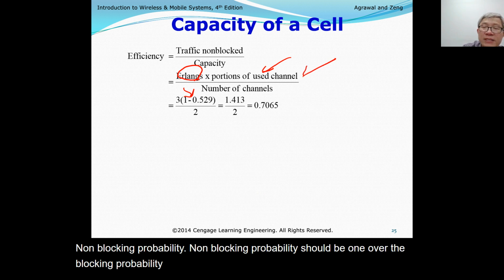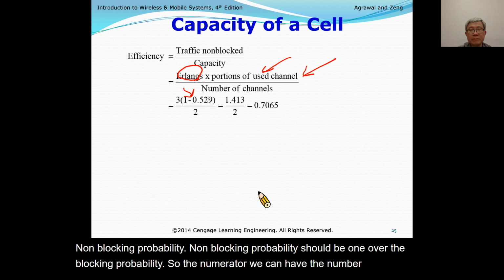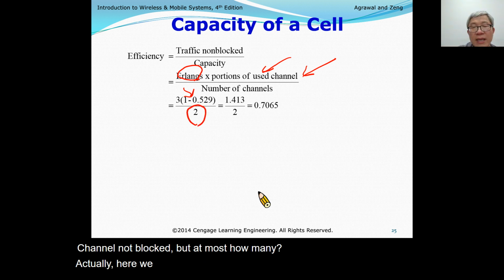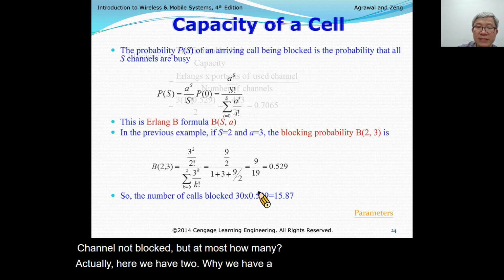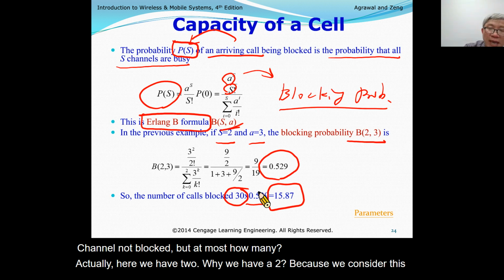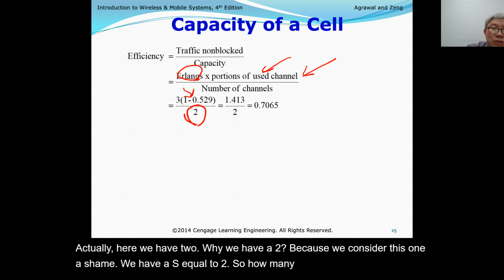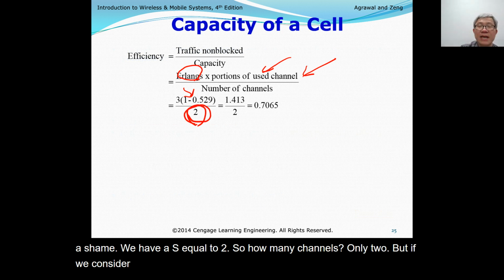So the numerator, we can have the number of channels not blocked. But at most, how many? Actually here we have 2. Why do we have 2? Because we assume we have S equal to 2. So how many channels? Only 2. But if we consider those not blocked, actually the number should be 1.4.